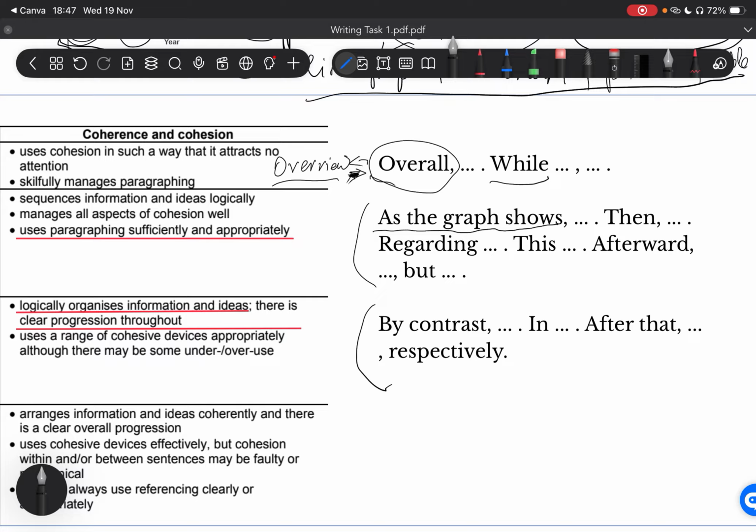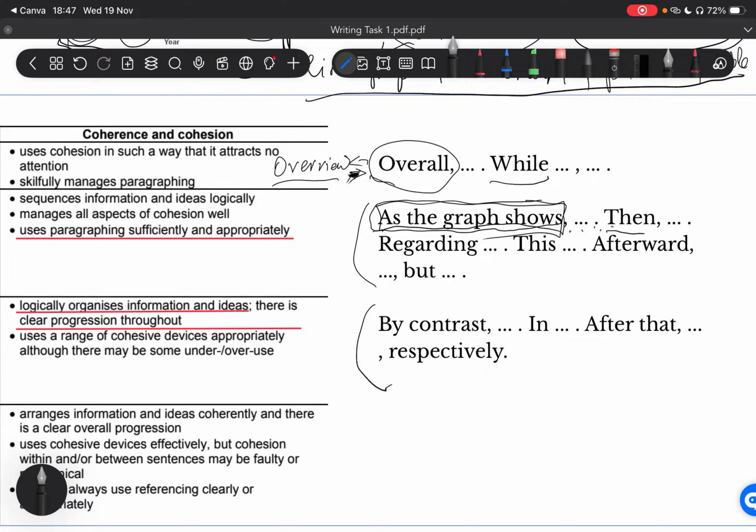The most common ones, maybe the most neutral ones, because they need to tell their reader or the examiner what grouping you did for your report. So as the graph shows, I wouldn't say this is the best one, but it's okay. And the graph shows, you start saying this and you start describing.